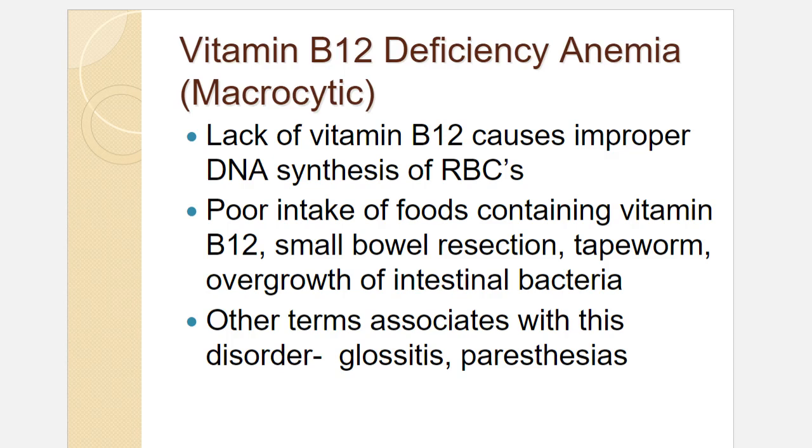Okay. Vitamin B12 deficiency can be caused by a few things. It can be caused by dietary deficiency, where you don't eat foods that have a good source of vitamin B12.